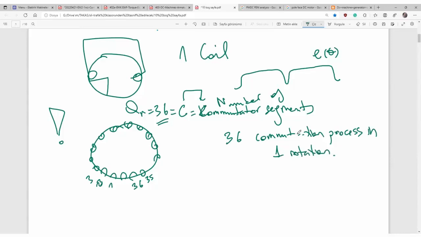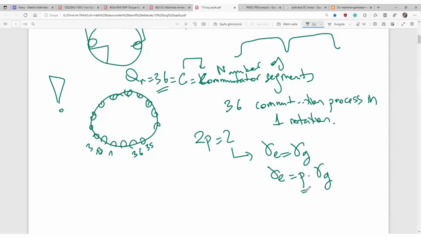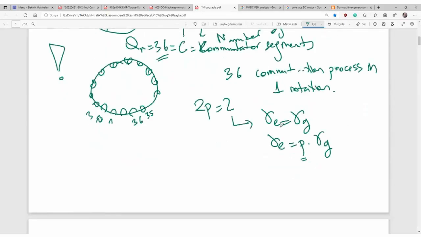Now, what does it mean? One rotation. Let's say the number of poles is 2. So in such a configuration, electrical angle is equal to geometrical angle, you know, because electrical angle is P, the number of pole pairs, times the geometrical angle. So it is identical.